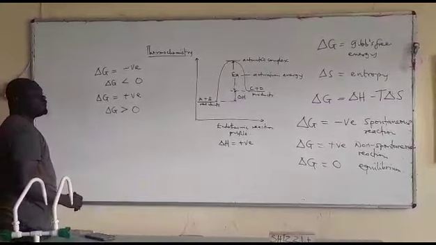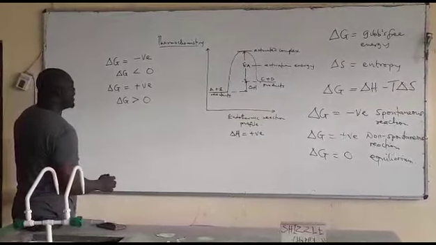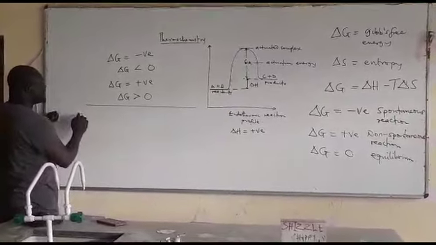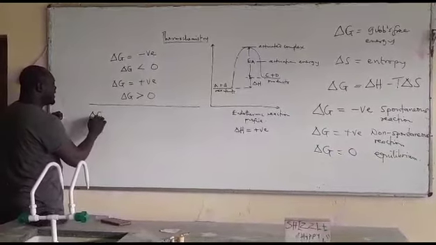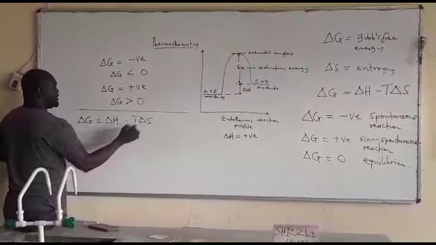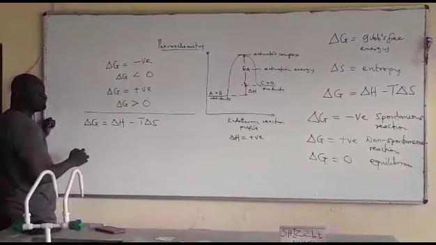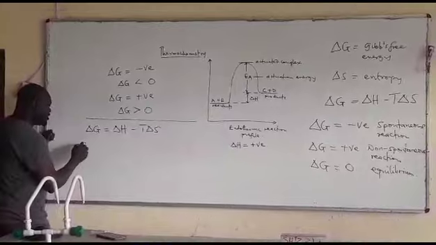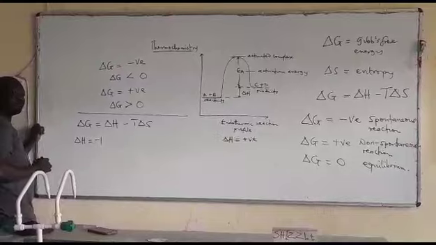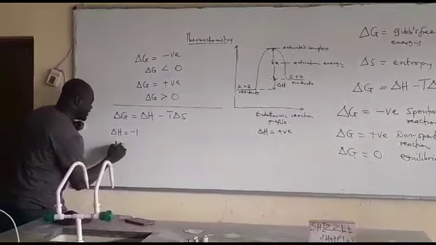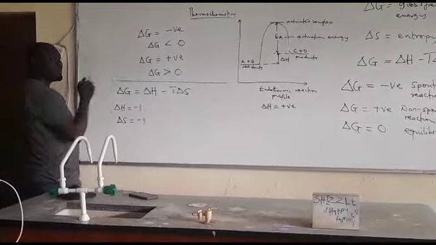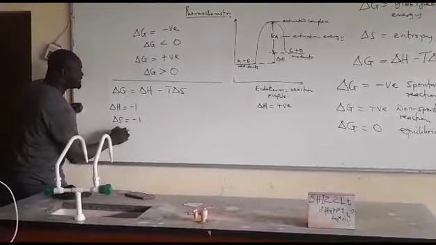Now, let's check the values for spontaneity of the reaction, since G is equal to delta H minus T delta S, the entropy. Look at this. When delta H is negative, let's say minus 1, and entropy is negative, let's look at what we can get.